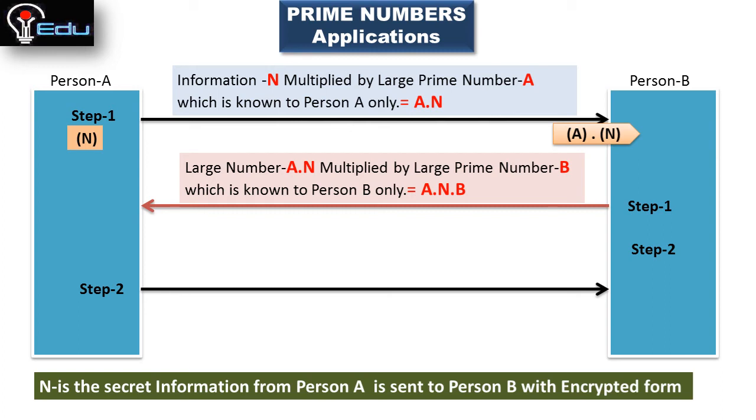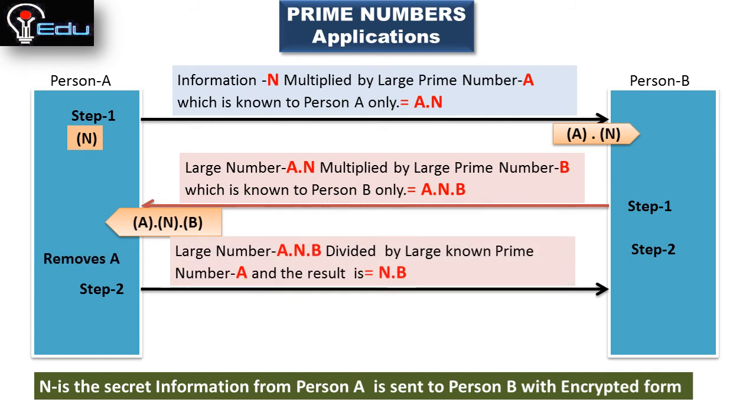This product ANB is transmitted to person A. Person A now receives the product ANB and processes it by dividing by the known large prime number A, which removes the A from the product. Now the remaining product is NB. This product NB is transmitted to person B.